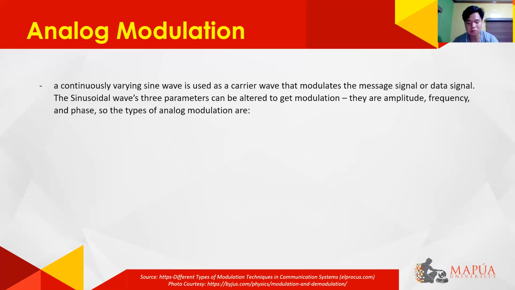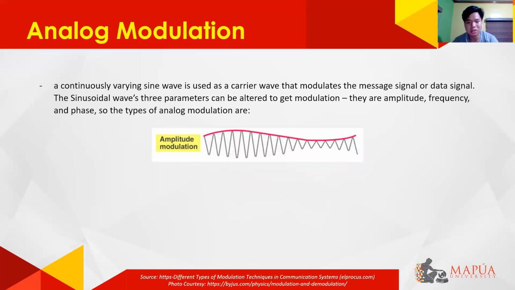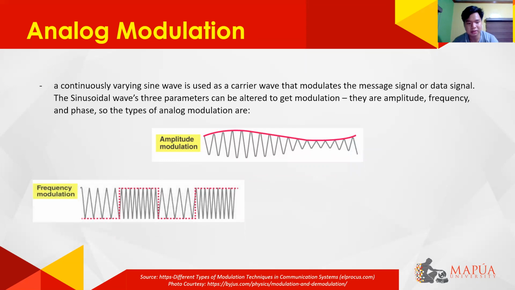So we have here amplitude modulation, which is where the amplitude of the wave is modified, and we have here the frequency modulation, where the frequency of the wave is altered while the amplitude and the phase stay the same.